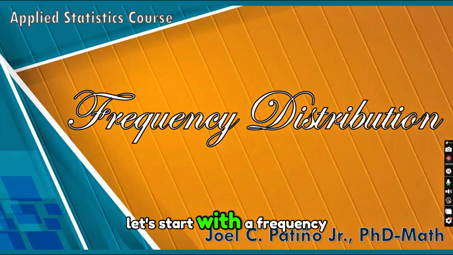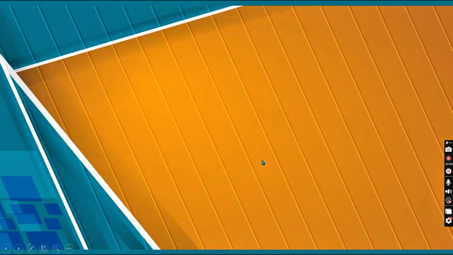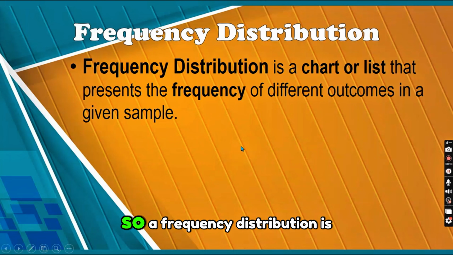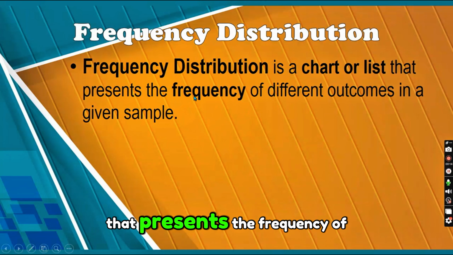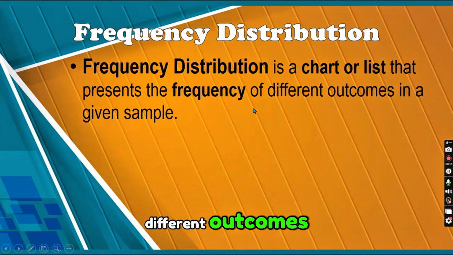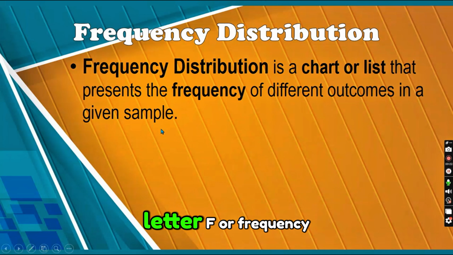Let's start with a frequency distribution. A frequency distribution is a chart or list that presents the frequency of different outcomes in a given sample. In a frequency distribution, we will expect a small letter f for frequency and f%, which is percentage.